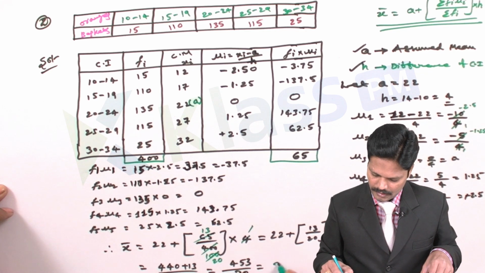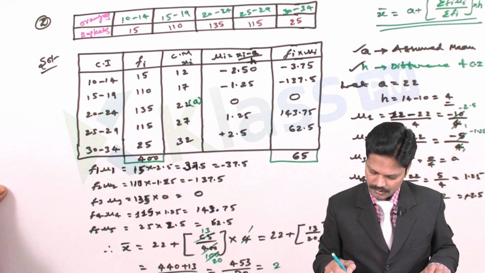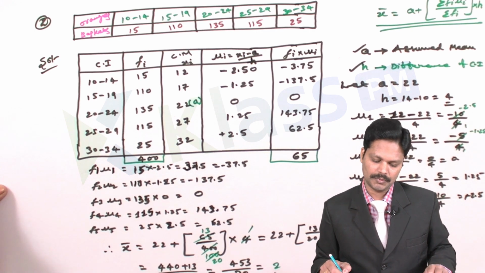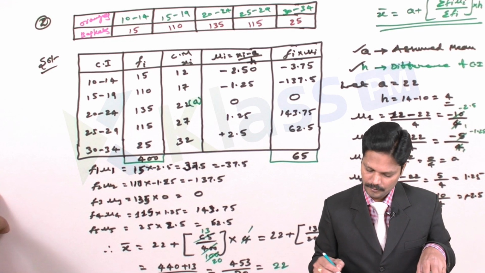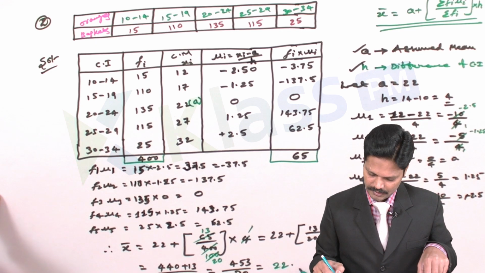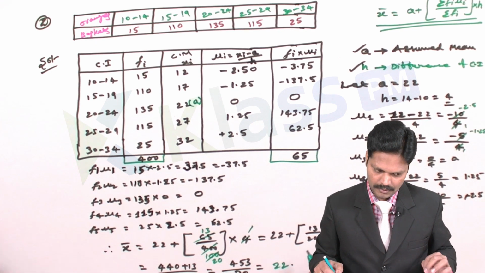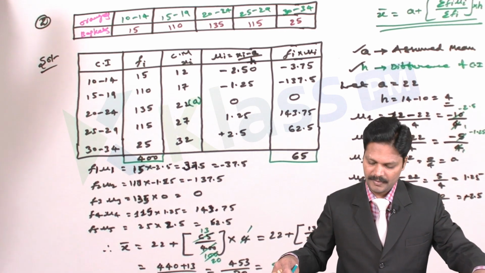so 22 is 400 and 22 is 40. Then 22 20s is 440 point, and 13 by 20 means we are having approximately 25. Approximately we are having, this is the mean value.